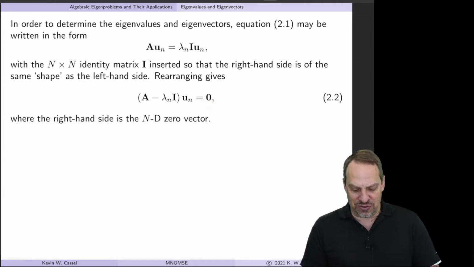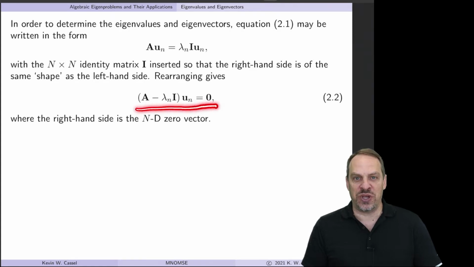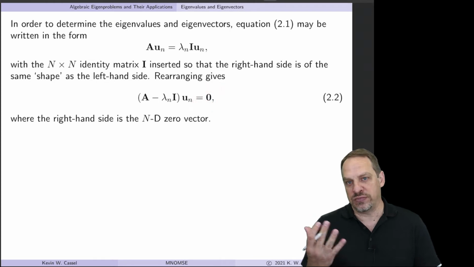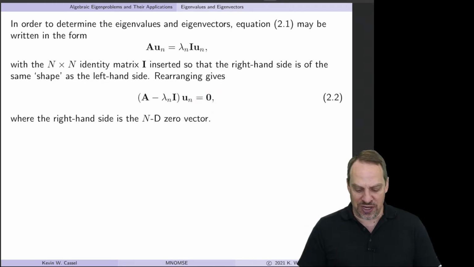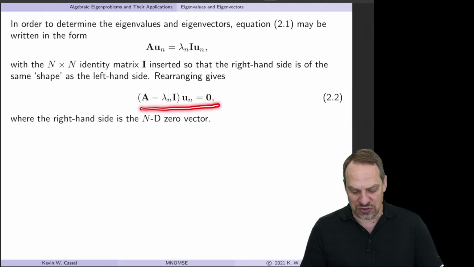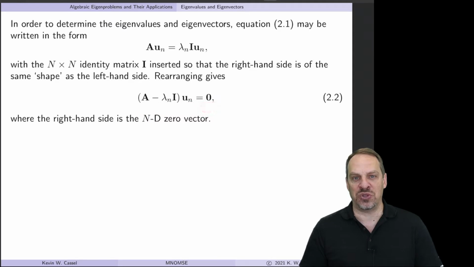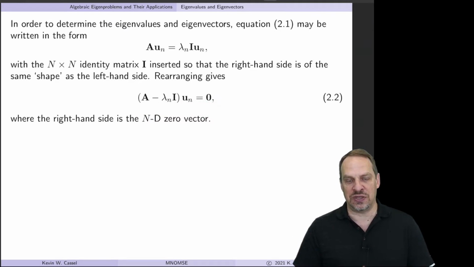So this now is a system of linear algebraic equations that happens to be homogeneous, and it has to be in the case of the eigenproblem. So we want to be able to solve this system of equations for the u, given this coefficient matrix A minus lambda I, and remembering the fact that we have a homogeneous system, the B, in a sense, is equal to 0.